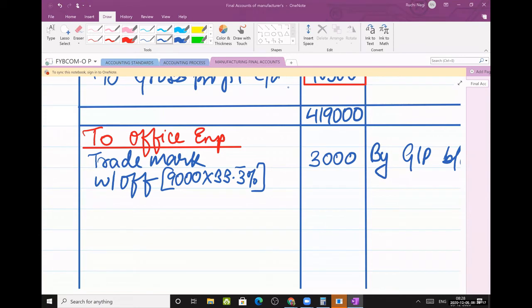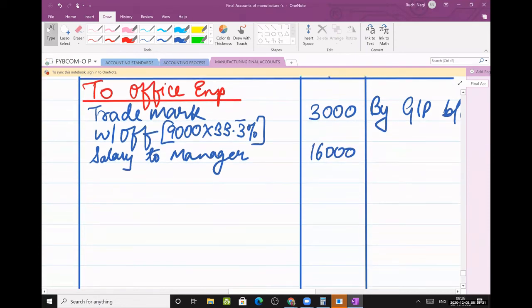So trademarks is done. And salary to the manager, 16,000. Then office expense, 8,000. Then printing and stationery, 7,500.